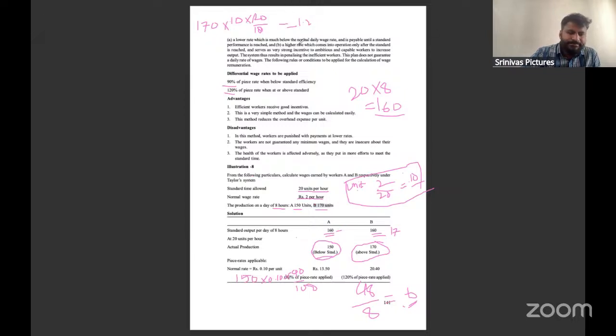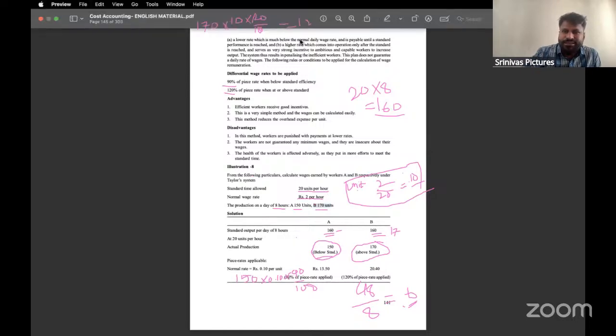Okay, into 170, 20.4. Here 10 paise, 120 divided by 100 is equal to 12. Okay. Instead of 10 paise he is going to receive 12 paisa.